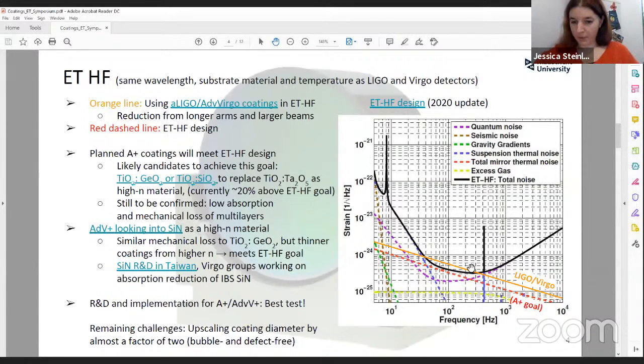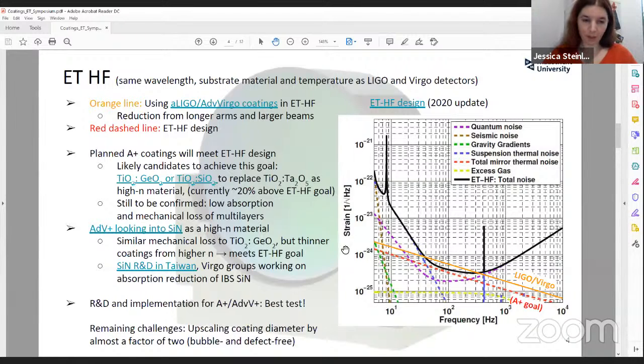And we would be about a factor of 2 above what we need. So we are actually quite close now with the increased beam diameter according to the new design study. And this factor of 2 here is exactly what we are trying to achieve with the Advanced LIGO Plus coatings.